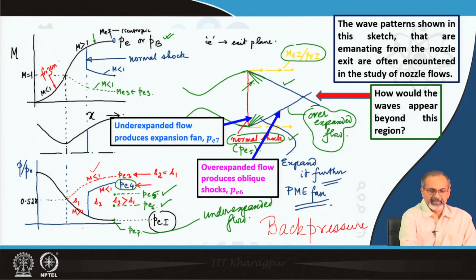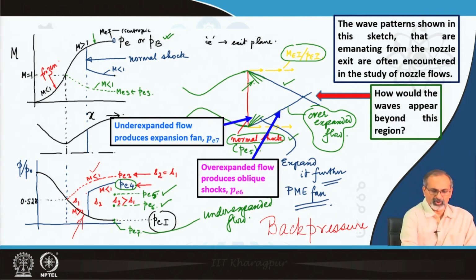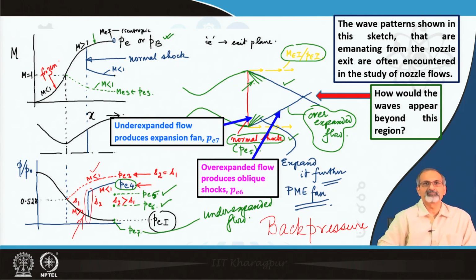It may be that it accelerates for some length along the nozzle, and then there is a normal shock formed inside the nozzle in the diverging portion, and there is a subsonic flow thereafter. There could be other situations too.